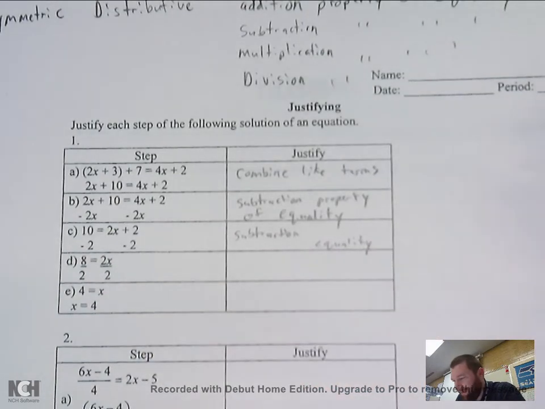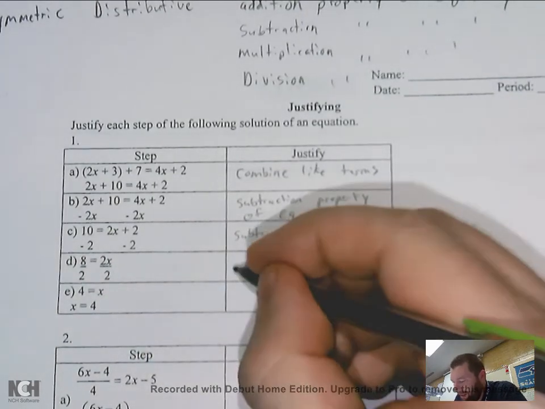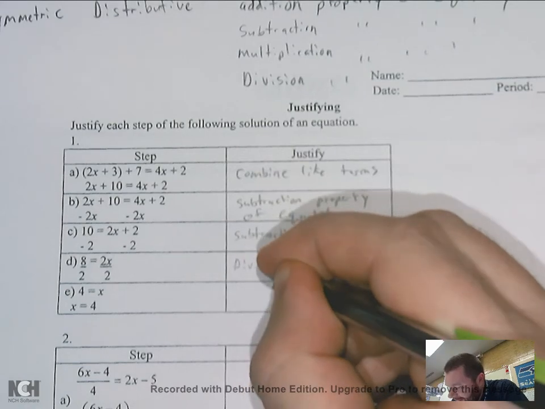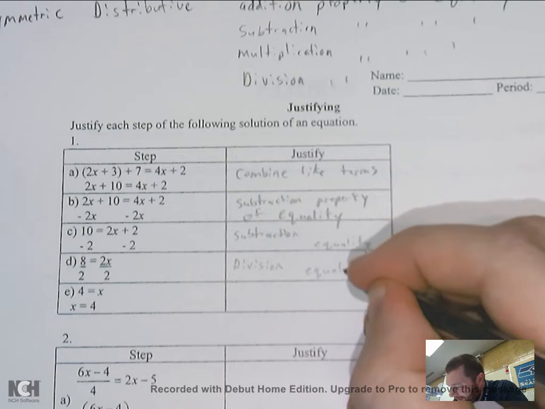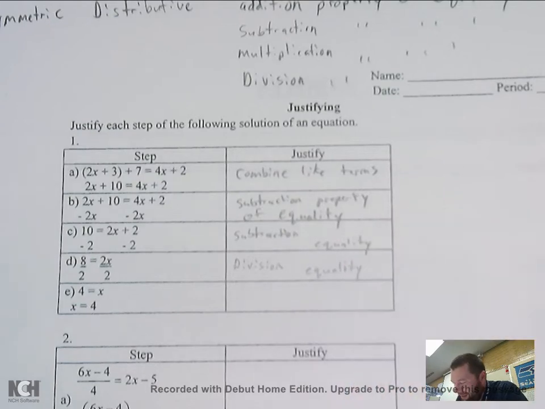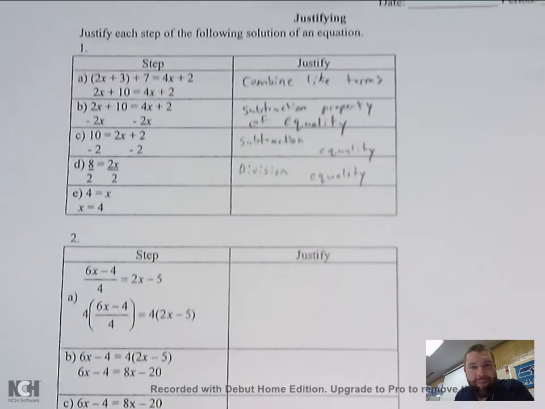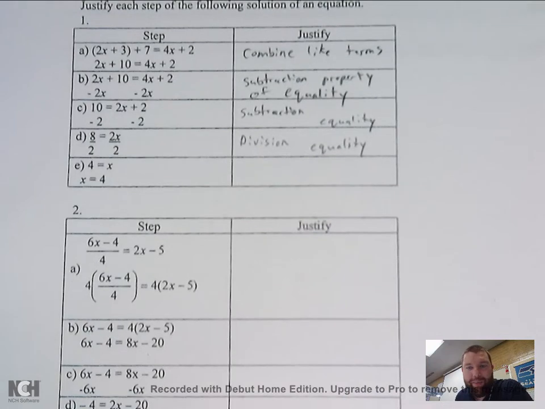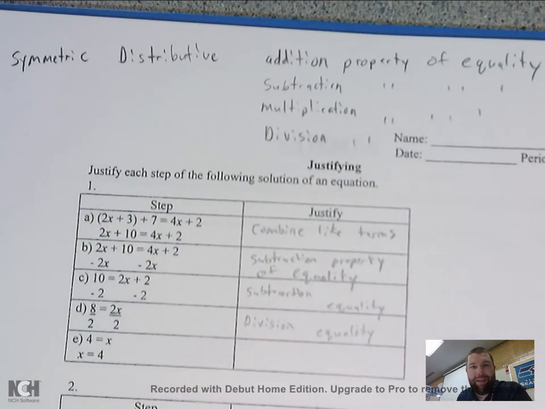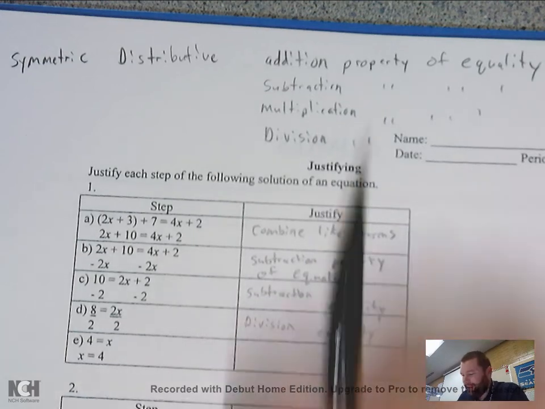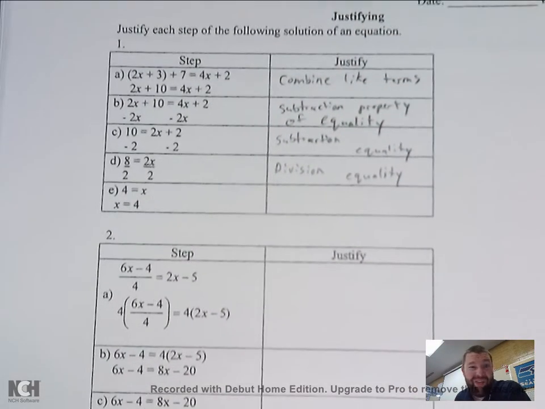Well, which one divides each side? Well, it's the division. You see how easy this is, right? You're just basically looking at the operation and writing that down. It is not a hard day, right? Justifying should be pretty simple because really you're just going to be using these 6 different properties and just writing them in. And that's all you got to do today.